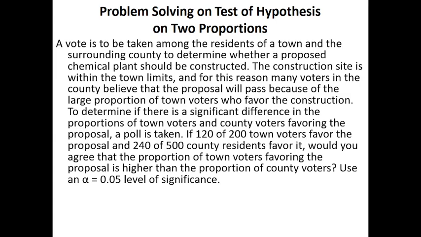To determine if there is a significant difference in the proportions of town voters and county voters favoring the proposal, a poll is taken. If 120 of 200 town voters favored the proposal and 240 of 500 county residents favor it, would you agree that the proportion of town voters favoring the proposal is higher than the proportion of county voters? Use an alpha equals 0.05 level of significance.